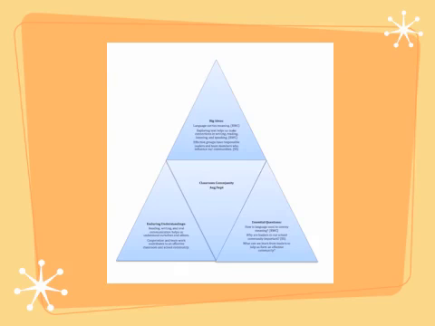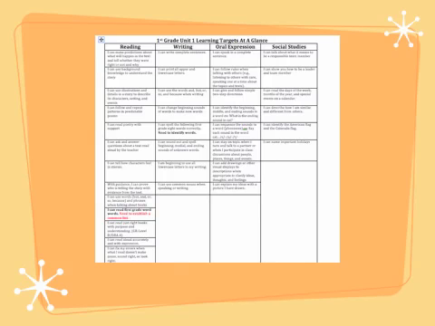This document is intended to be printed back to back with one side being the triangle graphic of the big ideas, enduring understandings, and essential questions. The other side is a list of all the I can statements for the unit broken down by reading, writing, oral expression, and social studies. These at-a-glance documents are housed on the Curriculum and Instruction Wikispace with the unit maps.